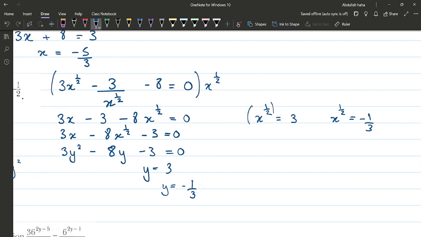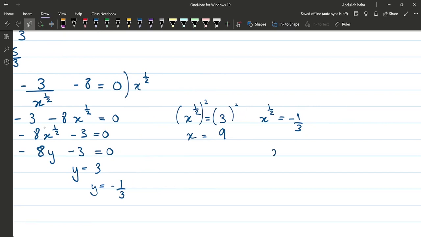If we square both sides, x will equal 9, and over here, square this, so x will equal 1 over 9. Okay, so these are our two values of x.